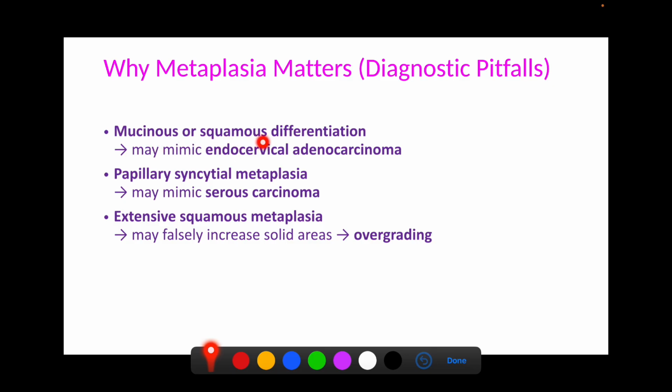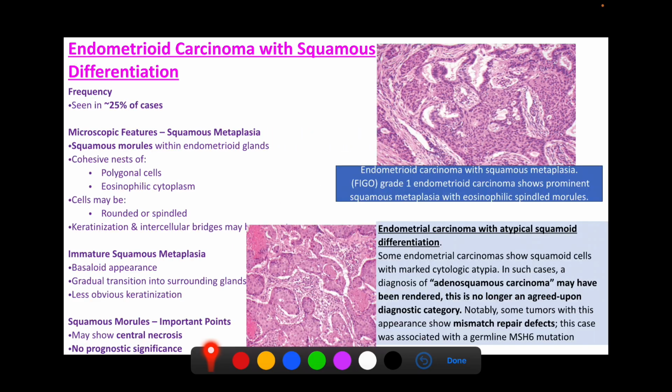Because mucinous or squamous metaplasia may mimic endocervical adenocarcinoma, whereas papillary syncytial metaplasia may mimic serous carcinoma. And extensive squamous metaplasia, if present, may falsely increase solid area and we can falsely overgrade the tumor.